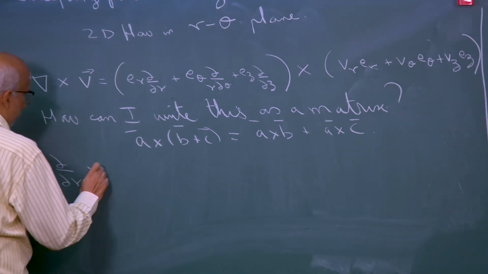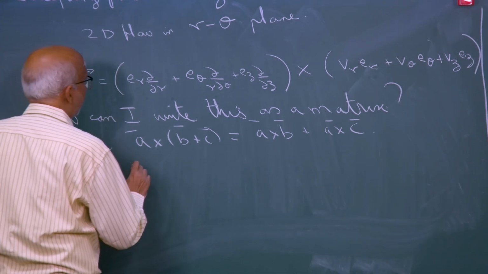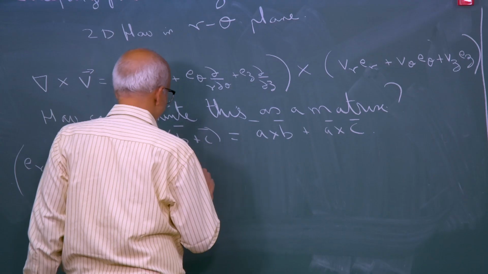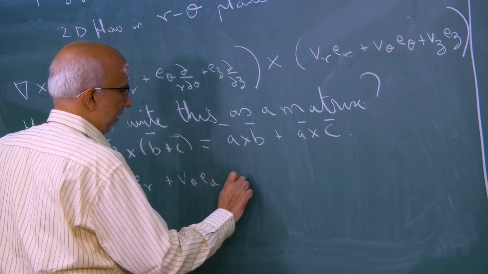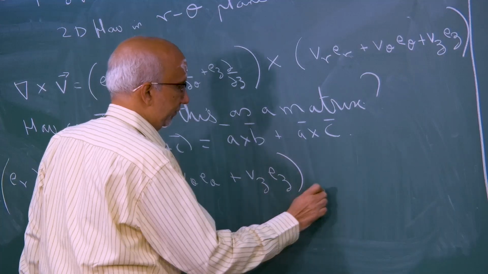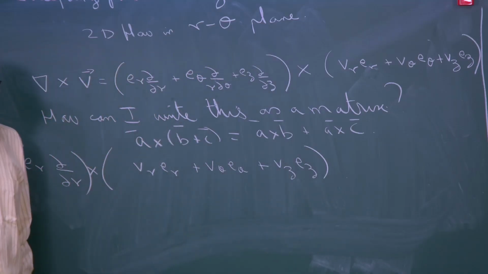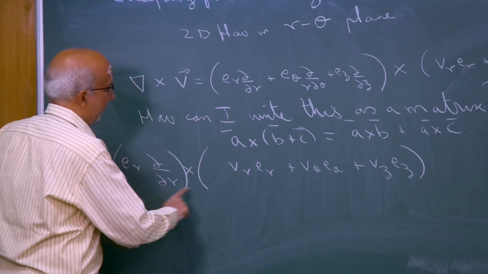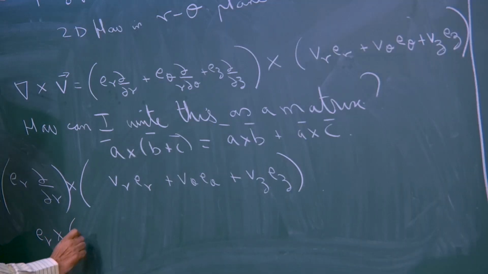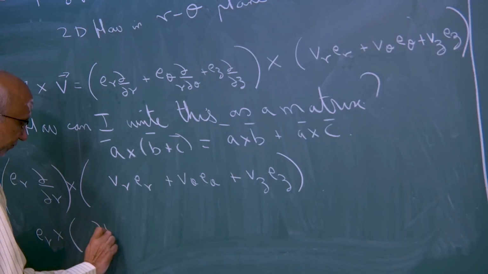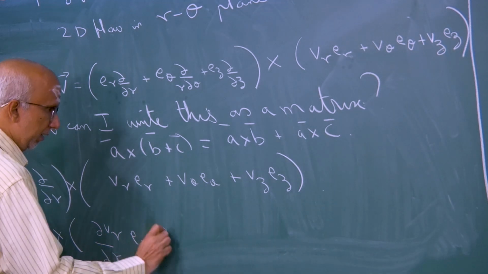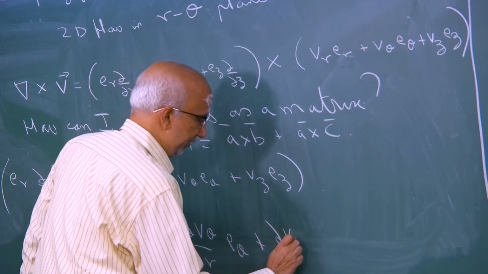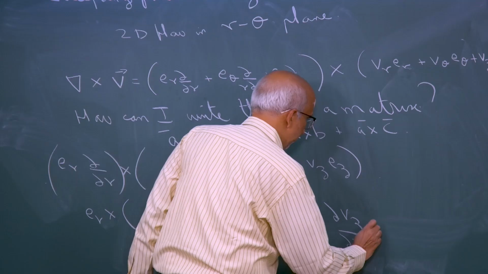So ER d by dr crossed with VR ER plus V theta E theta plus Vz Ez. I am doing one term at a time, and I am going to take the derivative inside here: ER crossed with derivative of VR with R ER plus derivative of V theta with R E theta plus derivative of Vz with R Ez.